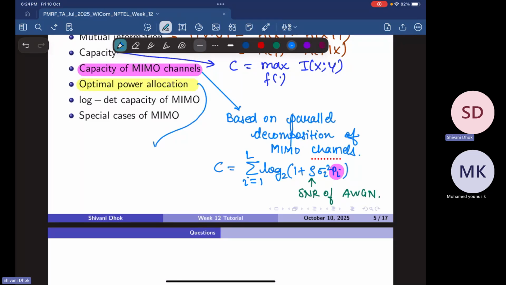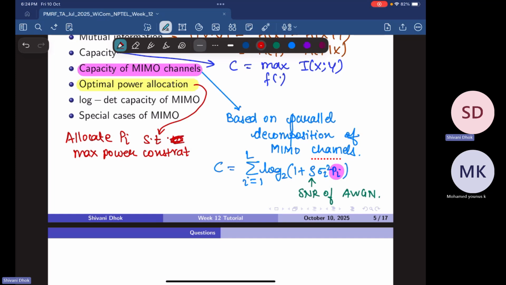So we want to allocate P_i to maximize capacity such that the maximum power constraint, sum over i equal to 1 to L of P_i less than or equal to P, is satisfied. And we saw that this again takes us back to water filling.